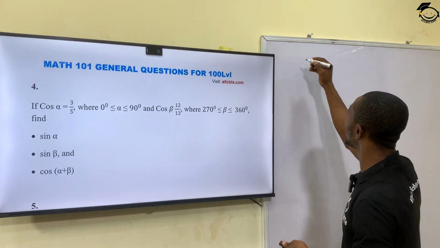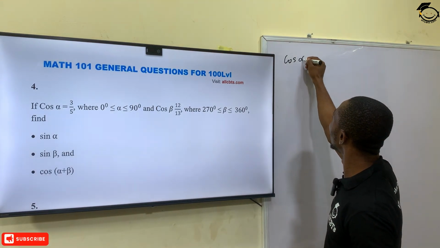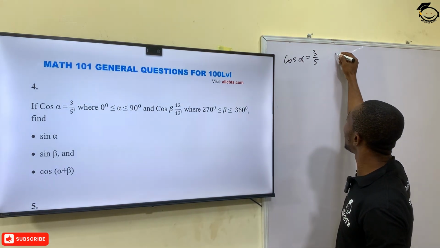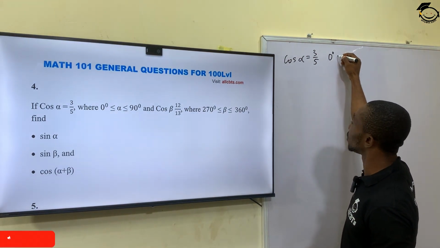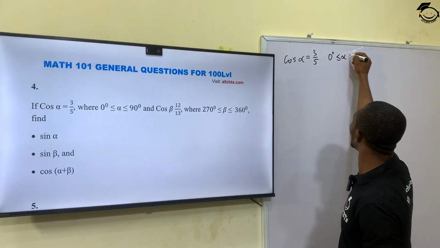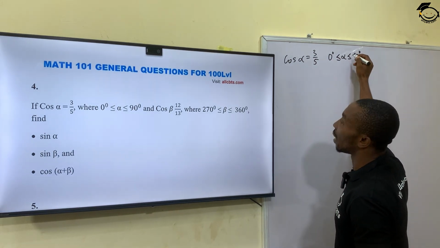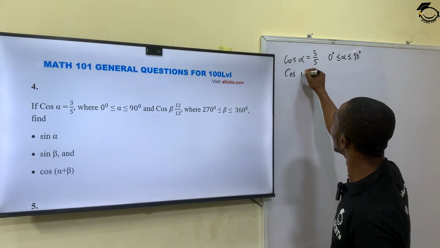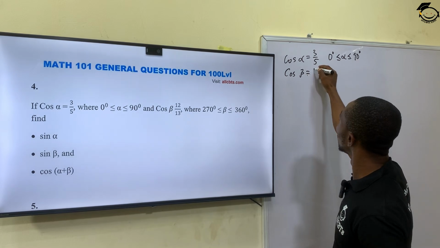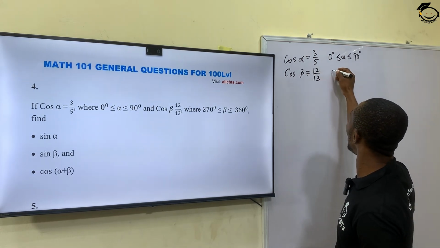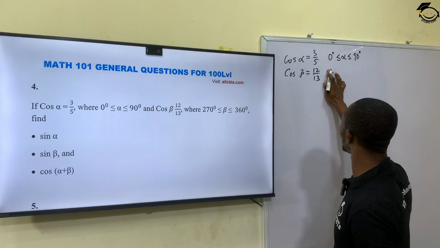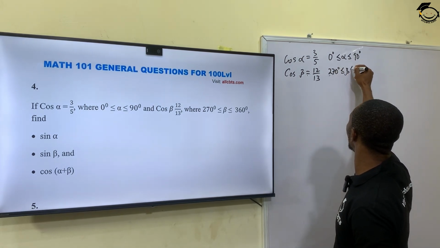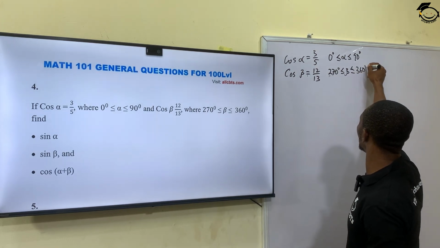If cos alpha equals 3 over 5, where alpha ranges between 0 and 90 degrees, and cos beta equals 12 over 13, where beta ranges between 270 and 360 degrees.